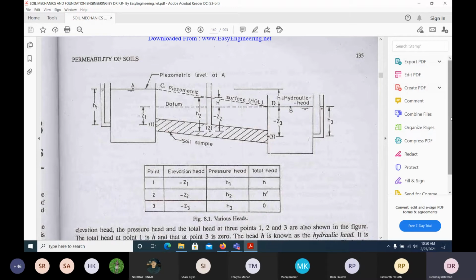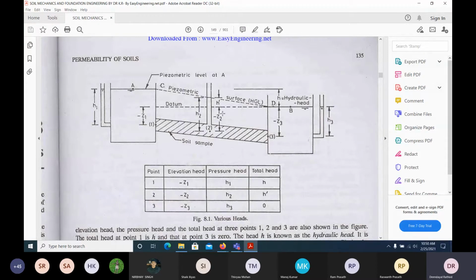Now when you insert a piezometer at any point, that particular water will rise. That is called the pressure head. This is one chamber, and water is moving from here to here, and H1, H2 and H3 are the pressure heads, you can say, by using a piezometer.